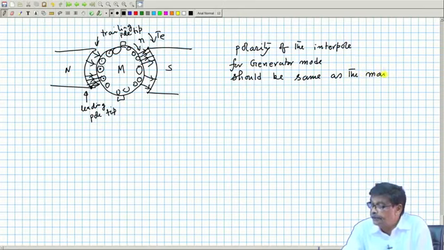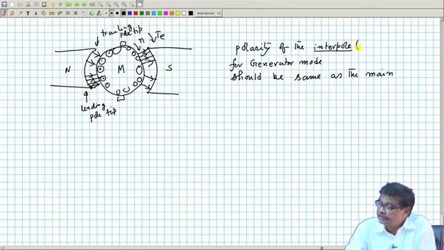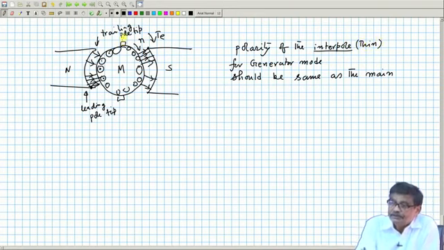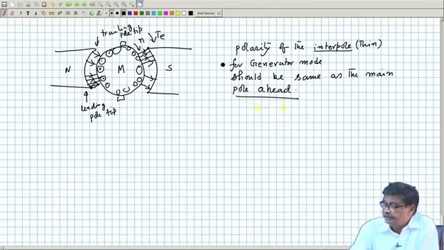Main pole is the main poles, big poles. Interpoles are very small, very thin, and the polarity of the interpole should be the same as the main pole ahead. This is a bullet, under this bullet we write.